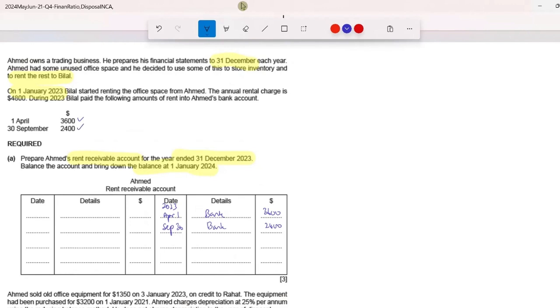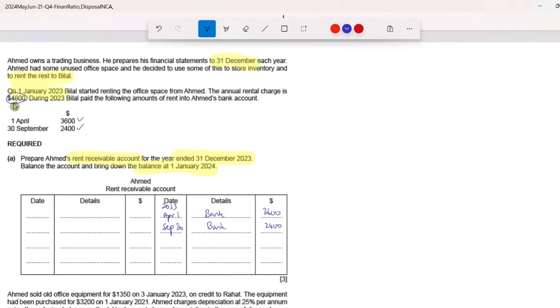Okay, so take note, the annual rental charge is 4,800. That means in the income statement for Ahmad, the rental revenue or rental income received by Ahmad is 4,800. Therefore, rental income is credited in the income statement.